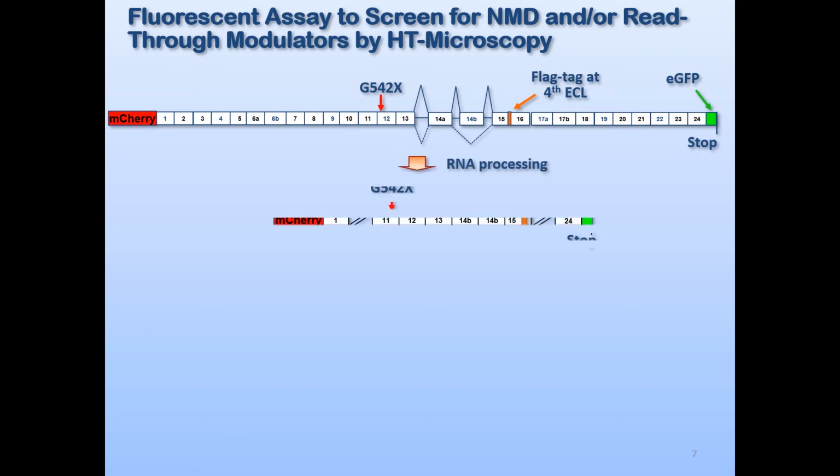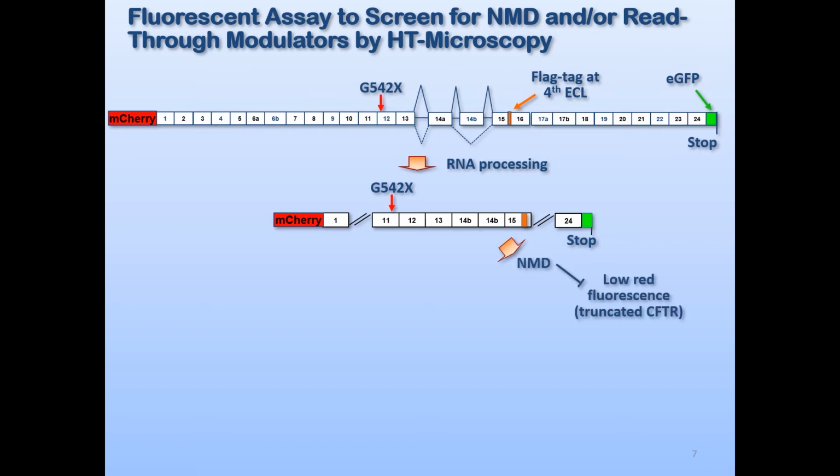So after RNA processing, this mini gene originates a messenger RNA, and in the case of the messenger RNA undergoing NMD, due to the presence of this PTC mutation, there is very low red fluorescence. And this is due to the truncated protein having very low levels, because the levels of messenger RNA are also very low. And there is no green fluorescence.